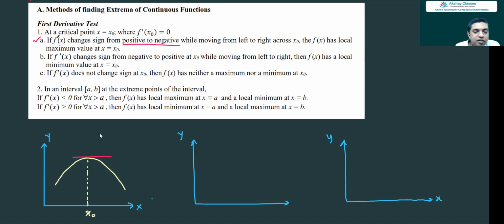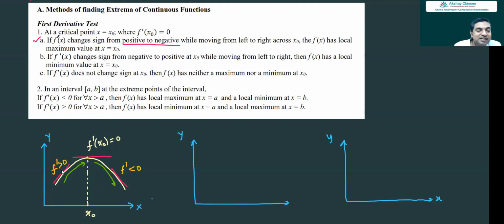So this is the point x naught, and we are getting f dash of x naught is equal to 0. But before that, f dash has a positive value because the function is increasing, and here it has a negative value because the function is decreasing. You take tangents at any point here. So the function is increasing, reaching a maximum point, and then decreasing.